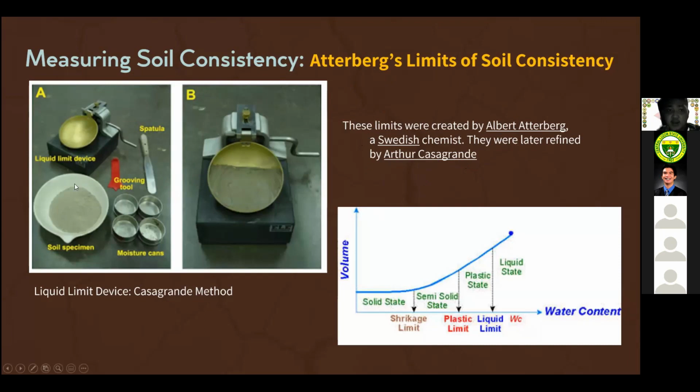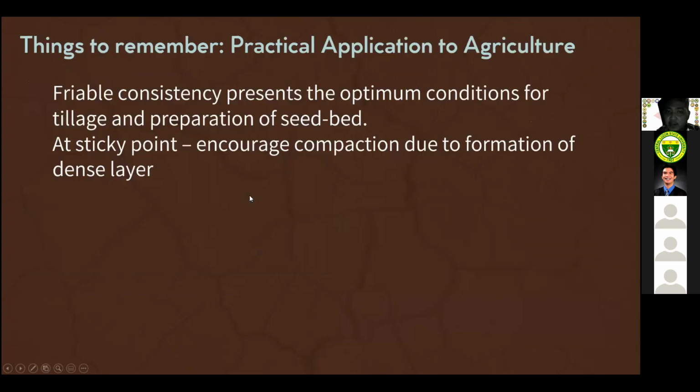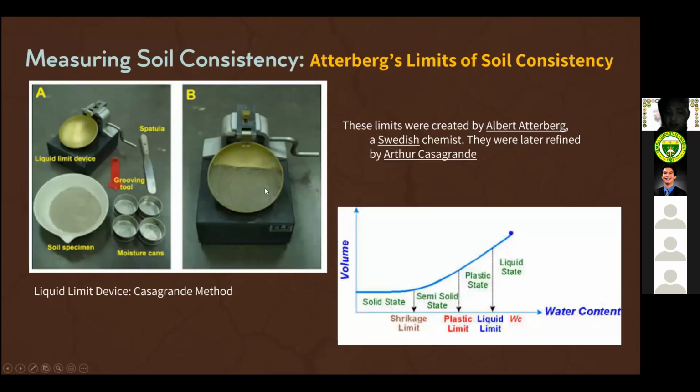With this device, papaikot mo yan, then yung bowl, malalagyan mo ng sample ng soil, then hahatiin mo using the grooving tool, magkakaroon ka dyan ng line. Then habang pinapaikot mo yan, bumababa, tumataas. So that's how you do the soil consistency measurement.